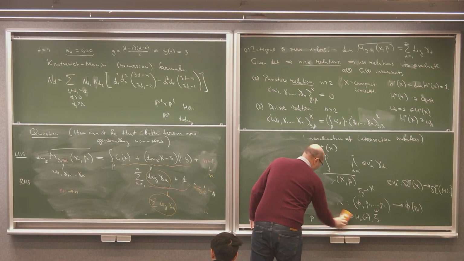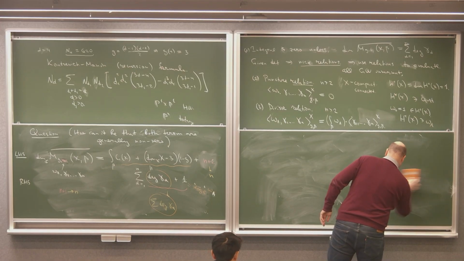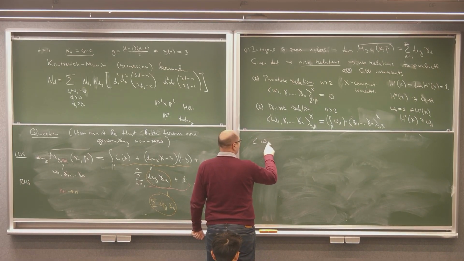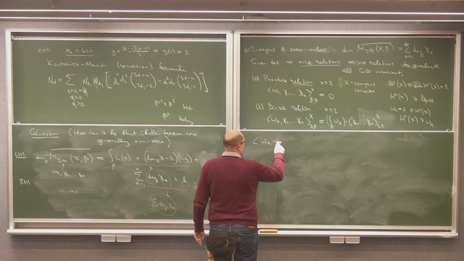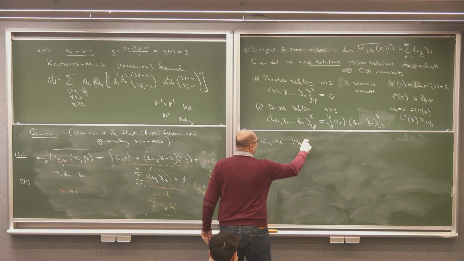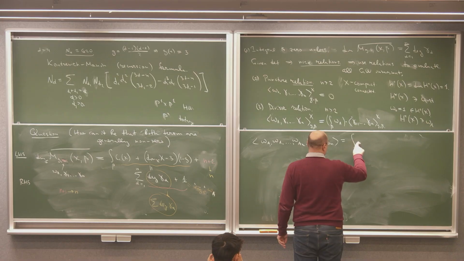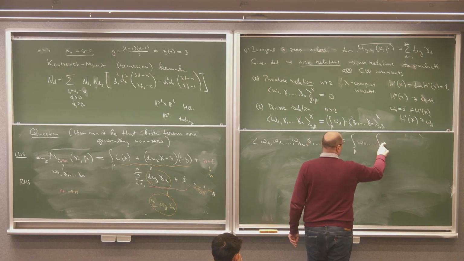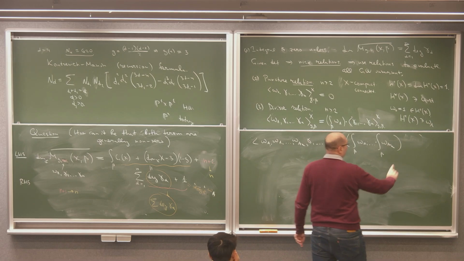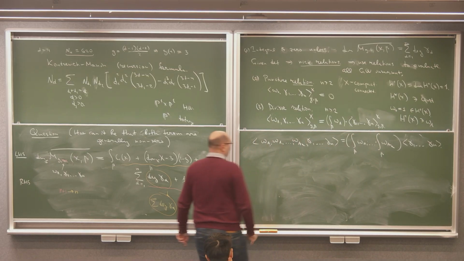We can repeat this analysis and observe that we can insert an arbitrary number of these ω_α's, ω_{α1}, ω_{α2}, and so on, ω_{αk}, with the γ's, and here we will just get a product of numbers, with the same limits.